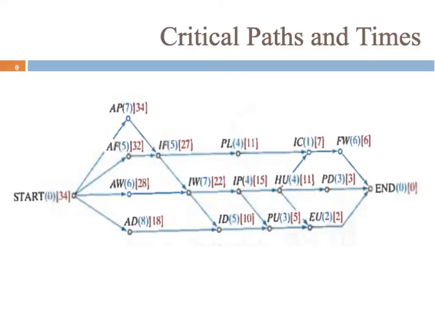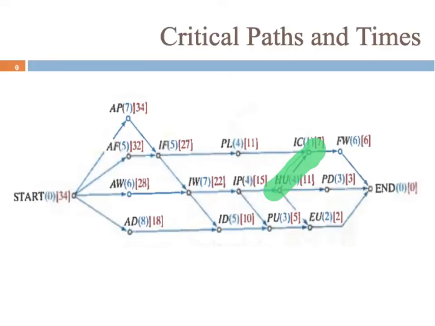So the one we actually choose is the critical time from task IC. I'm just going to highlight that. That's the one we chose because it had the highest critical time.